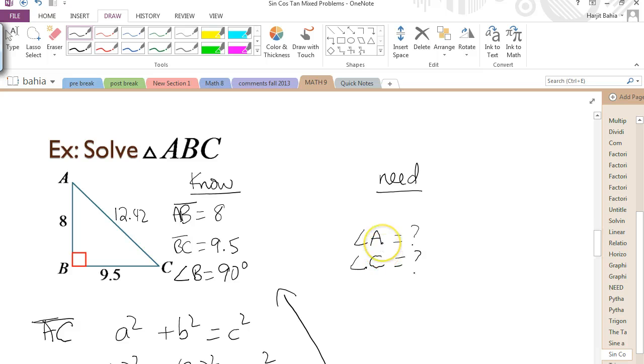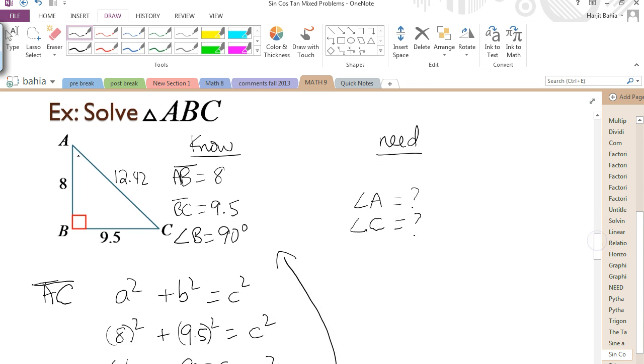What's angle A? Angle A is right here. Now we got a ton of options. So I could use angle A, I could go adjacent hypotenuse, or from angle A here I could go adjacent opposite.